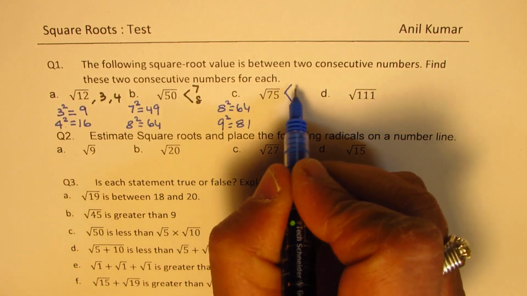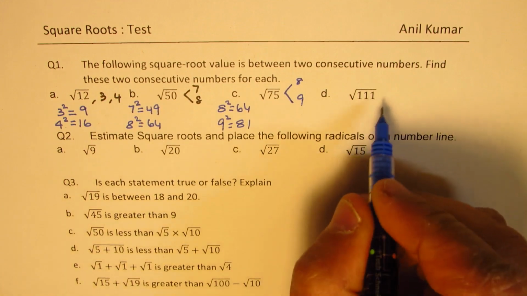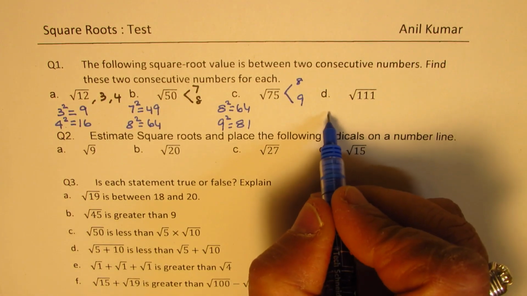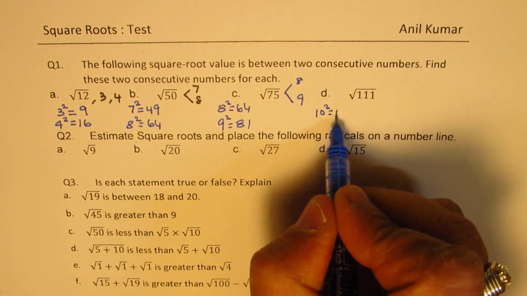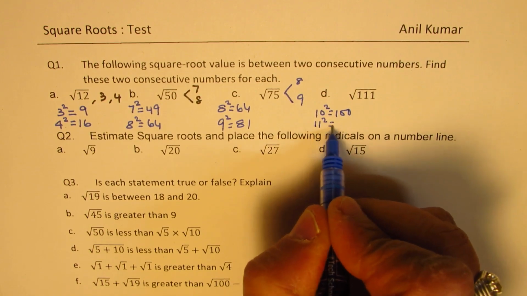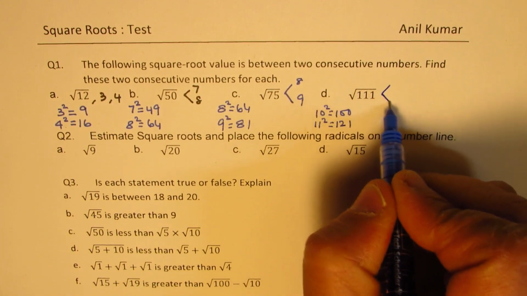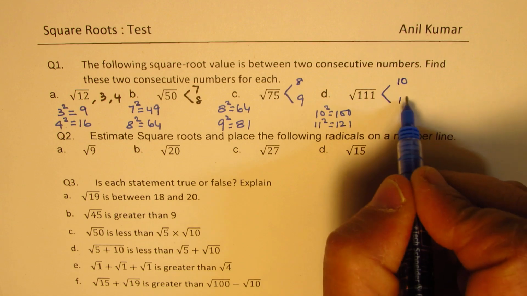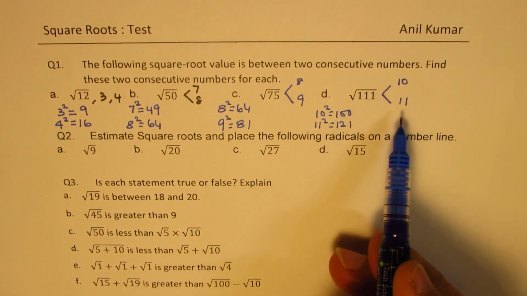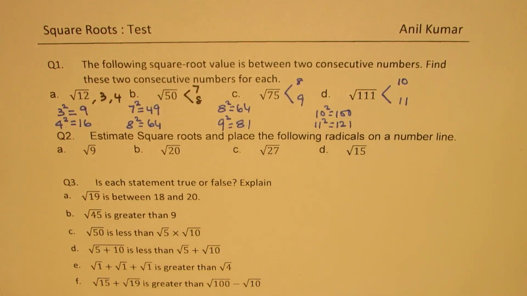Therefore, this value has to be between 8 and 9. And here, 111, we know 10 square is 100 and 11 square is 121. So this value is between 10 and 11. So those are your answers, and that is how you can answer it.